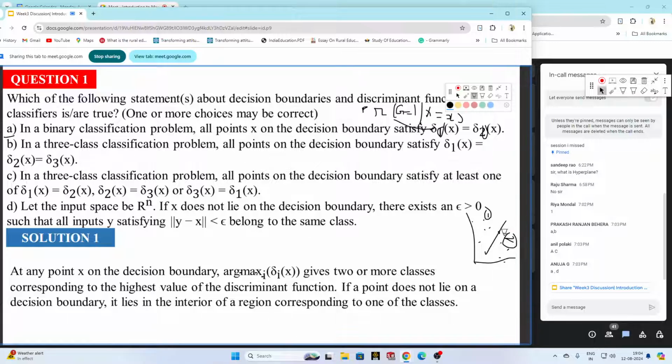Then the probability of that star point belonging to group 1 will be equal to the probability of this star point belonging to group 2. So option A is right.